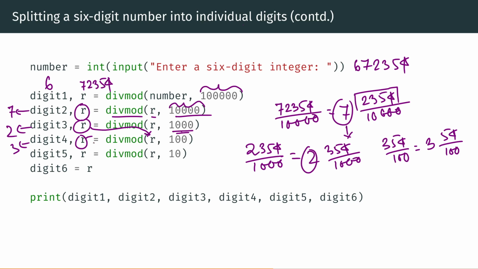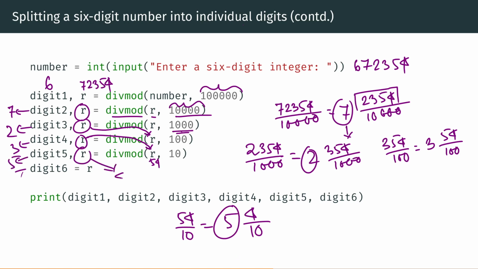Now this 54 comes here, so what we do is 54 divmod 10. 54 over 10 can be expressed as a mixed fraction, which is 5 and 4 over 10. So 5 is this digit, and the remainder is 4.